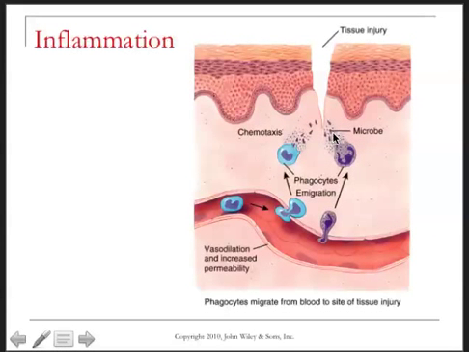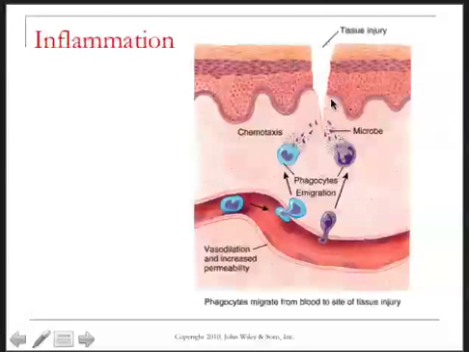And then after that's done, what happens is that we begin the process of repair. Fibroblasts come in and begin to lay down scar tissue, and eventually the block that was originally covered by a clot is now covered by scar tissue. And so we've stanched the flow of blood, and we've essentially performed a biological patch job on the area.